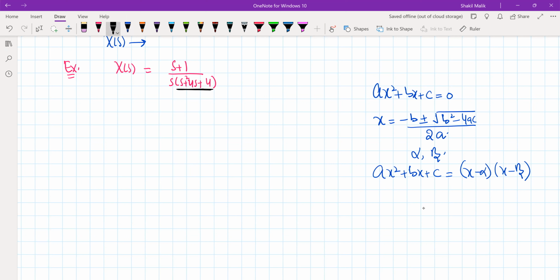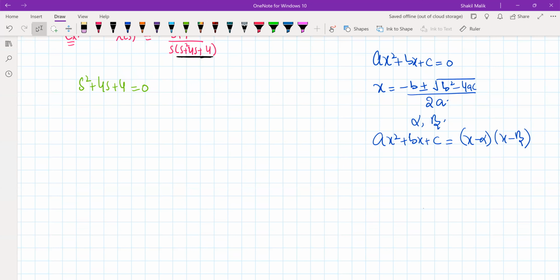So we'll find the roots of this quadratic polynomial, s square plus 4s plus 4. We can write s1, 2 as minus 4 plus minus square root of 4 square, which is 16, minus 4ac. Comparing, b is 4, a is 1, and c is 4, divided by 2 multiplied by 1 because a is 1.